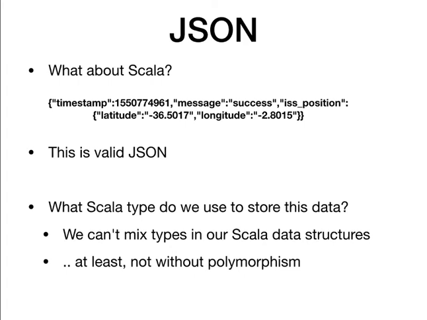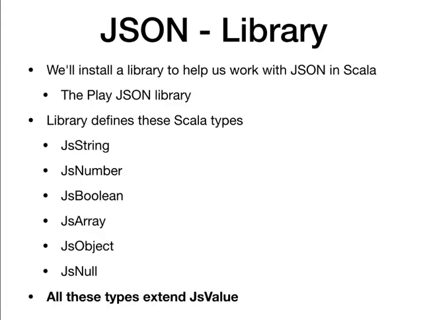So we can't mix these, but of course we can mix data types if we use polymorphism. Yay. So now we're going to pull in a library, the Play JSON library. It's an external library, so it's got to go in your Maven, your pom.xml, and install it with Maven.